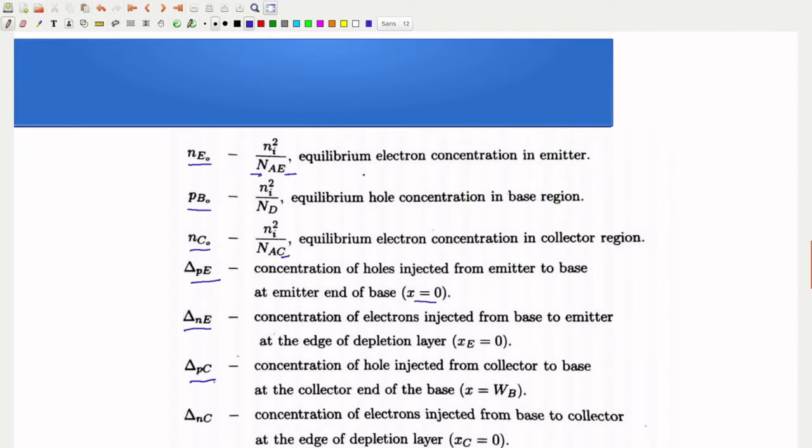Similarly, delta PC, the concentration of holes injected from collector to base. And delta NC is the concentration of electrons injected from base to collector. So keep these notations in mind as we proceed in our derivation.